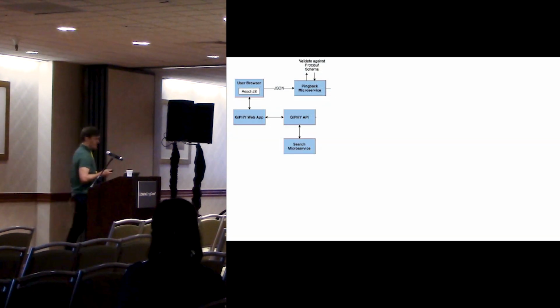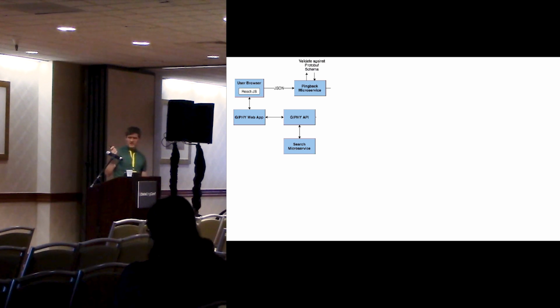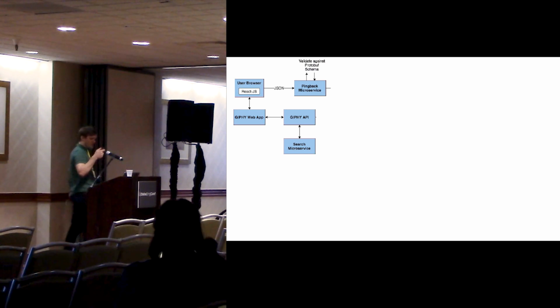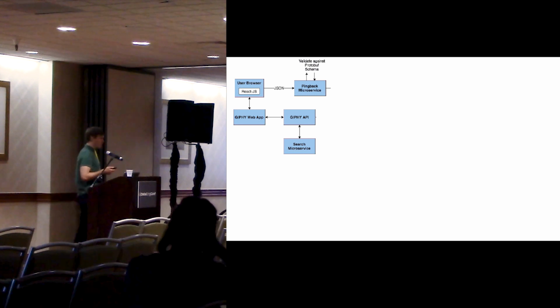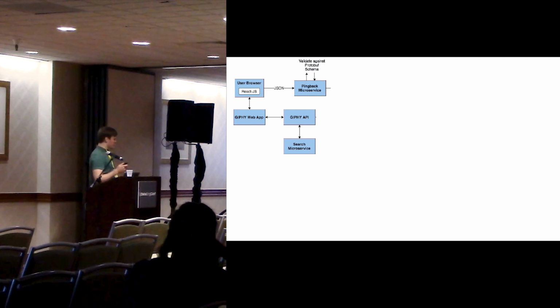So for the high-level architecture, a little bit of this is cut off here, but on the very top left, this is in the context of our website. There's a user browser running React.js. It's a back-end Django web app. It communicates to our internal GIPHY API, which talks to a search microservice, which fronts Elasticsearch and powers search results.